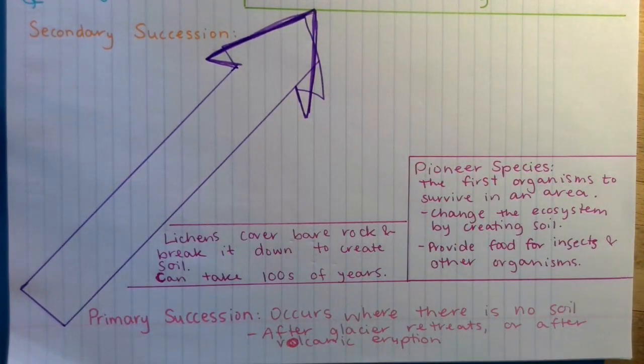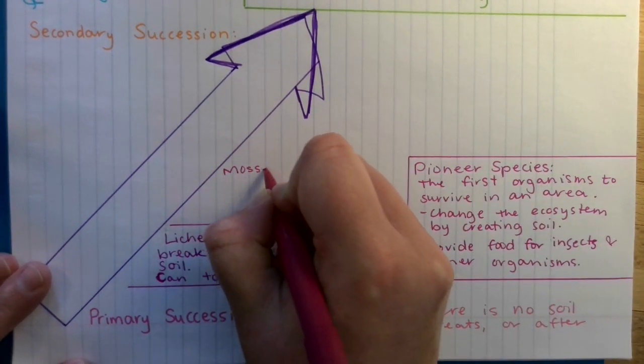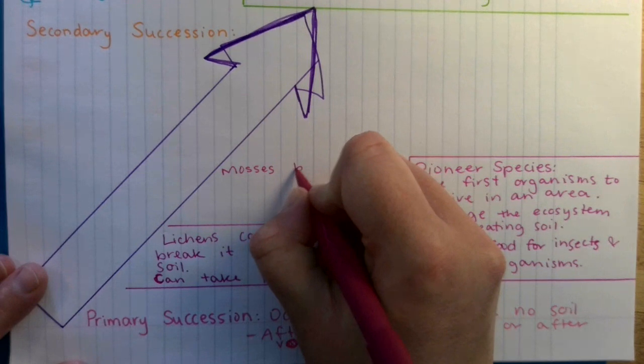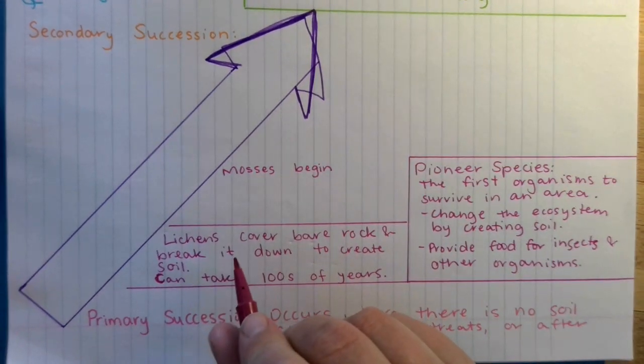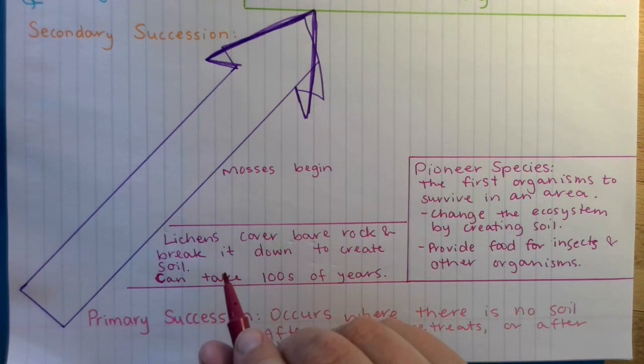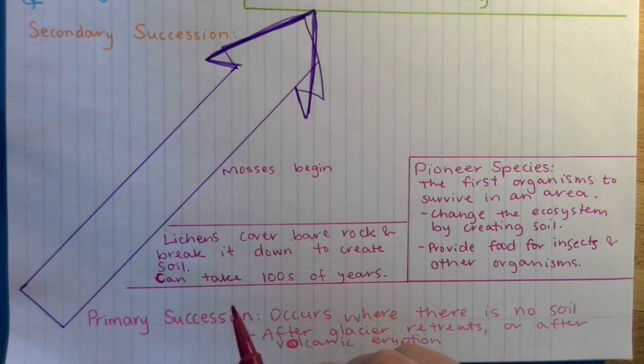The next thing after lichens, we would look at mosses begin growing. So they're like fluffier, right? Lichens are like the flat ones that cover rock, like the flat ones that kind of stick to the rock and are sometimes green or orange or gray. And mosses are like the fluffier, kind of short still, but like fluffier, nice, soft feeling plants.